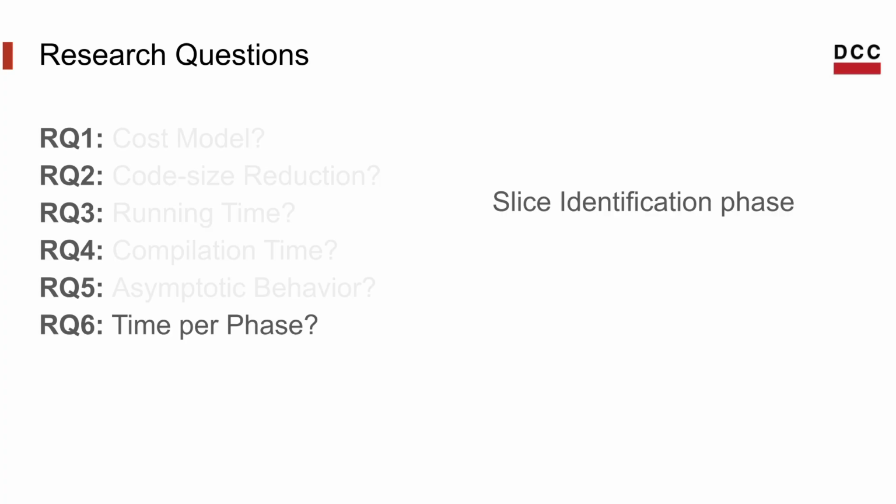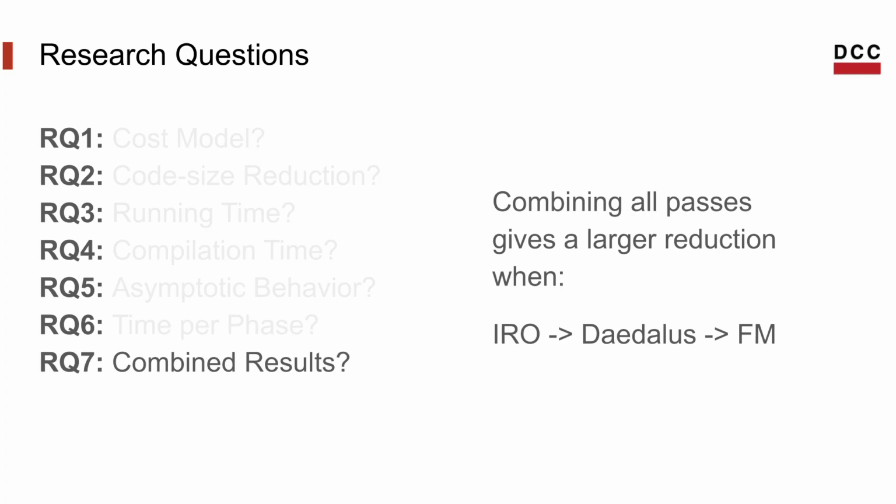We also saw that the most time-consuming phase of our slicer is the slice identification phase. Finally, we combined all the 3 passes and saw that executing IR outliner before dataless, and func merging after, gives us the greatest code size reduction when compared to each pass running alone.